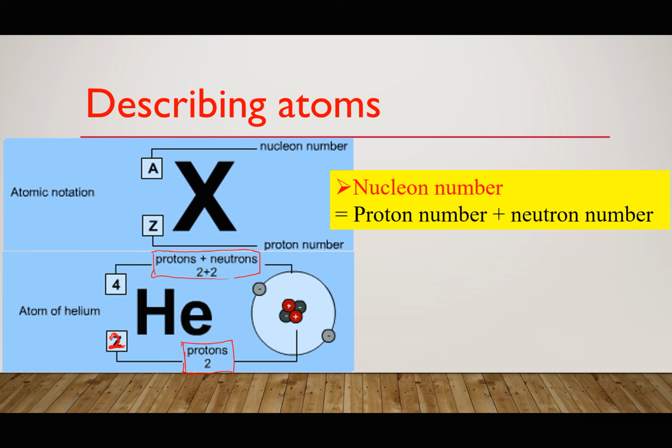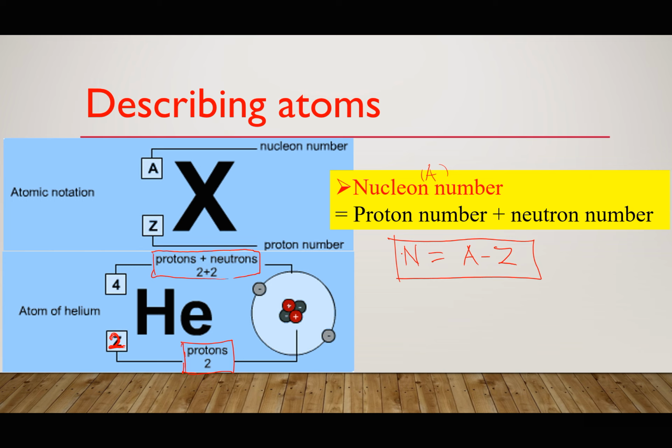My students normally prefer to write capital N for the neutron number, equal to nuclear number minus proton number. This is the number of neutrons, not nucleons. Nucleons, that is A. And for the number of neutrons, my students normally use capital N.